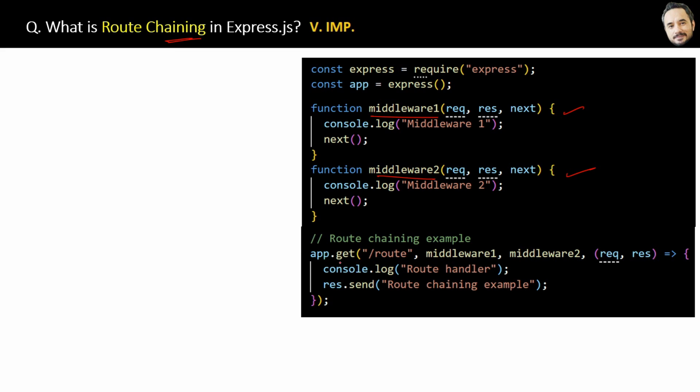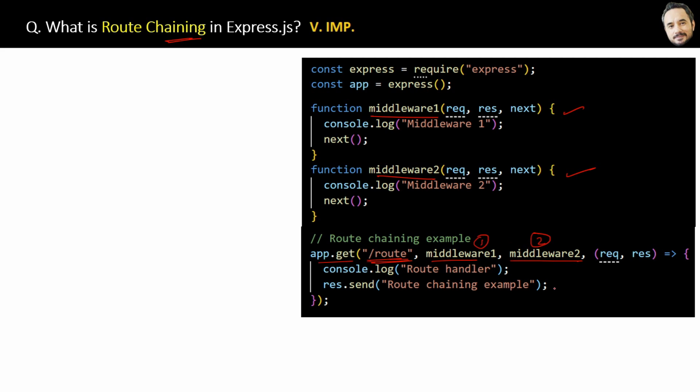First, inside the route method, the first parameter we define is the single route. So this slash route is the single route. And then we define the middlewares one by one. Or you can also say these are route handlers. So now these middlewares will execute one by one for this single route. That is simple route chaining.